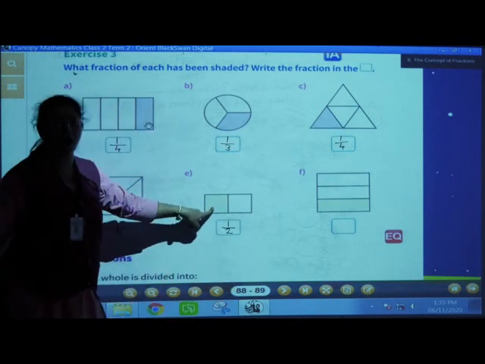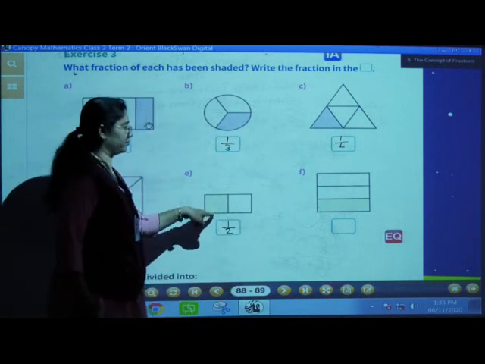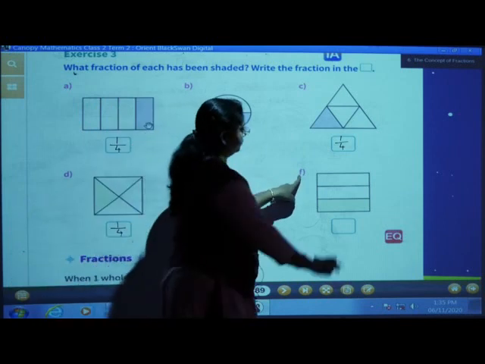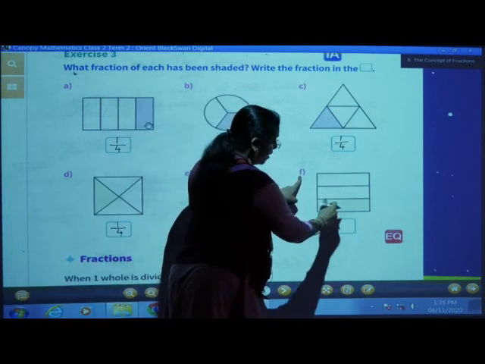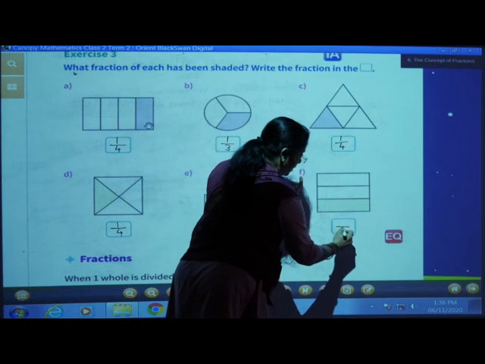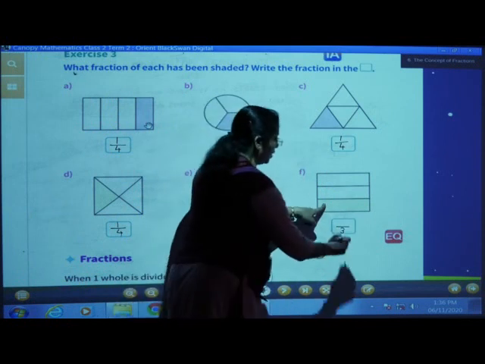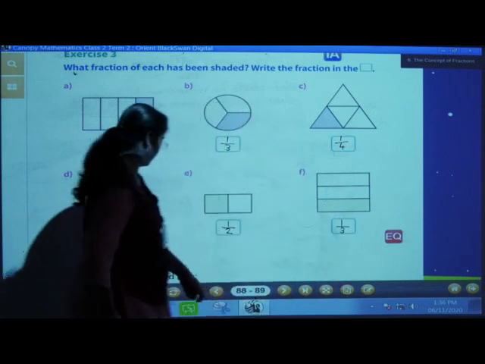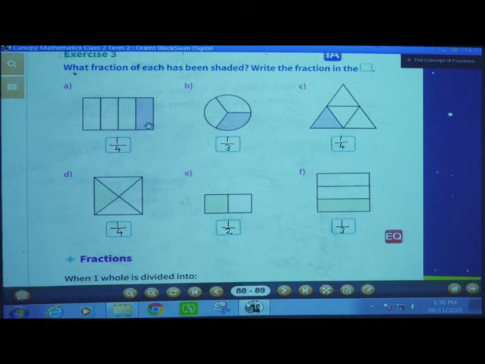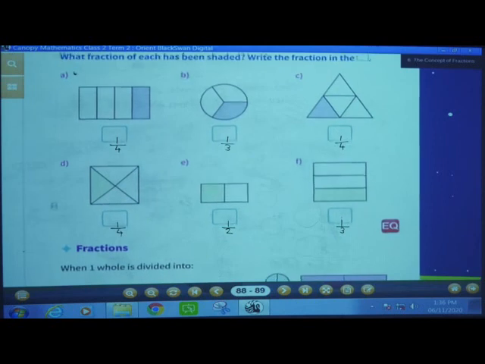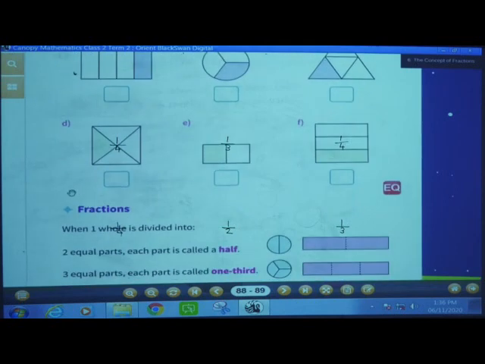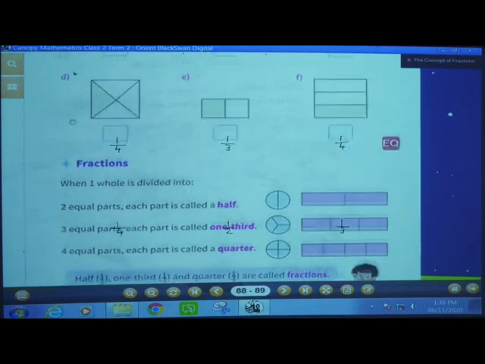So this is half. This one, total equal parts 3 and shaded part 1. Do you understand? Write down fast in your textbook.